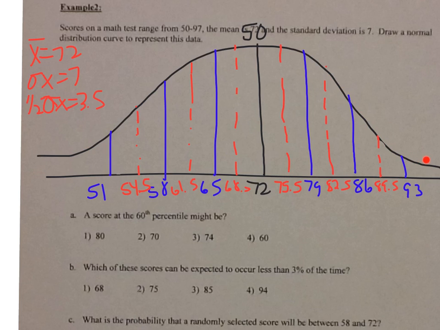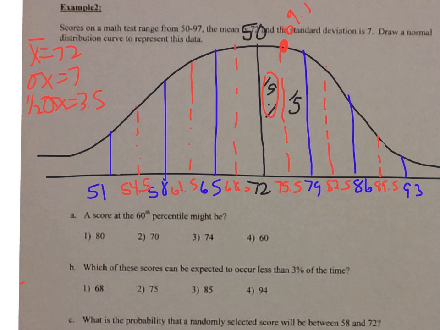I want to start labeling to the right. So I know this is 19.1. This is 15, and that's probably all I'm going to need. So right here at this percentile, I take 50 and I add 19.1. So that's 69.1. Okay, so that's really all I need.